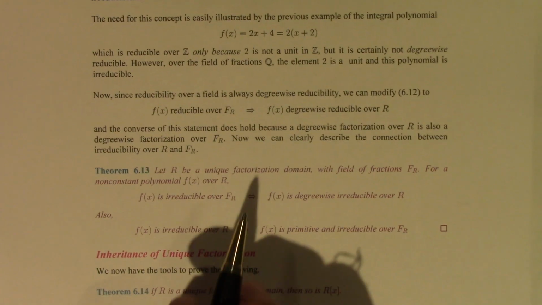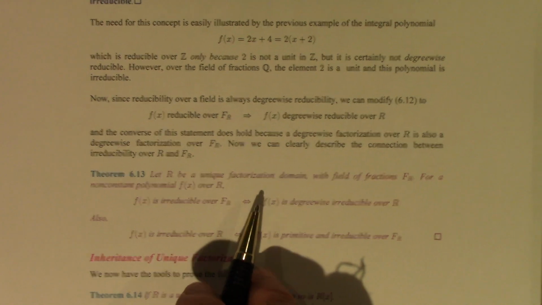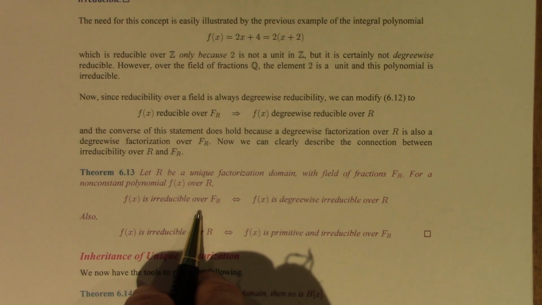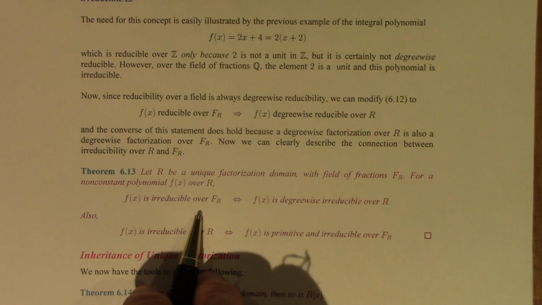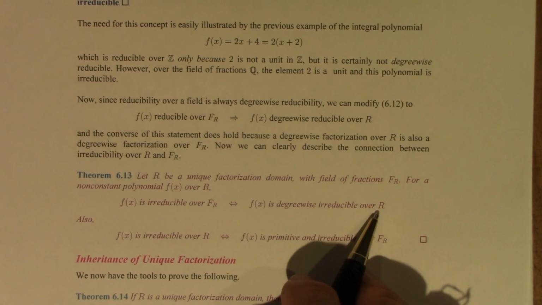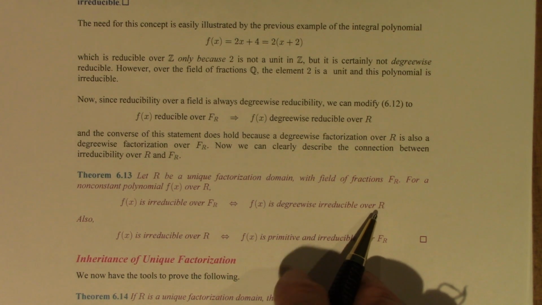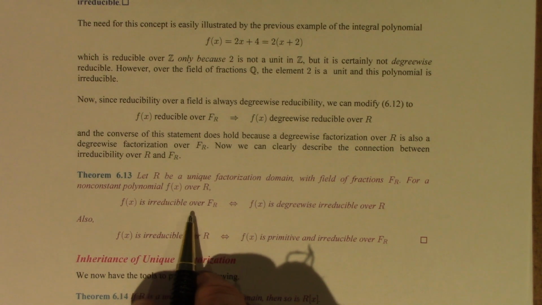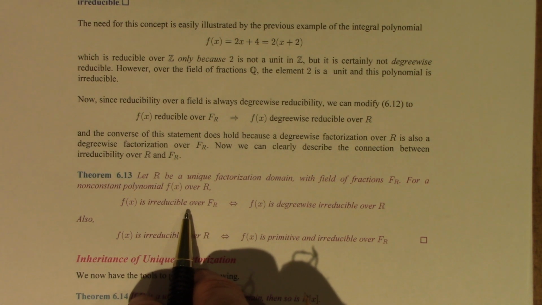Now we can clearly describe the relationship. f of x is irreducible over F sub R if and only if it's degree-wise irreducible over R. We have to exclude the taking out of non-zero elements of R, because they have a profound effect over R, but no effect when factoring over F sub R, as far as irreducibility is concerned.